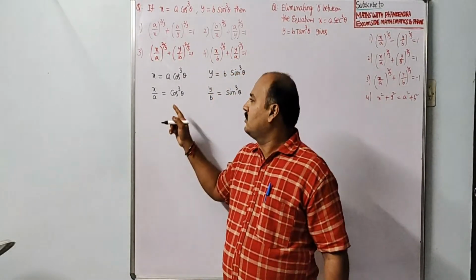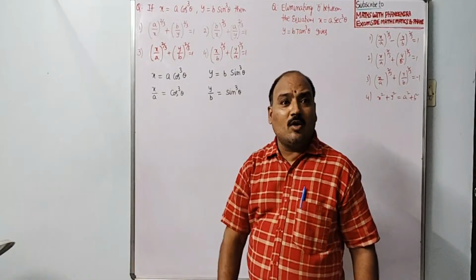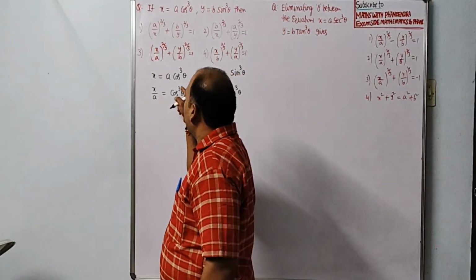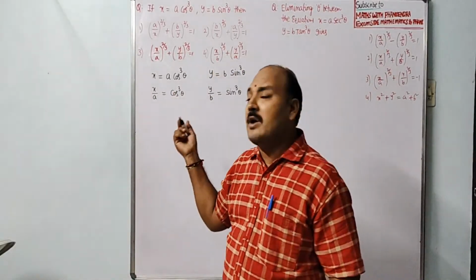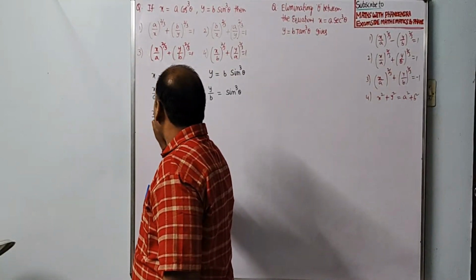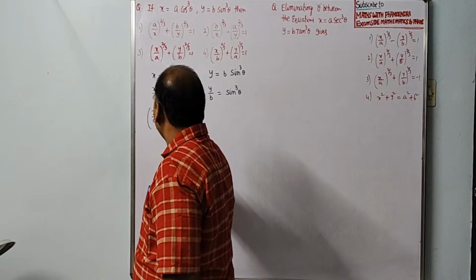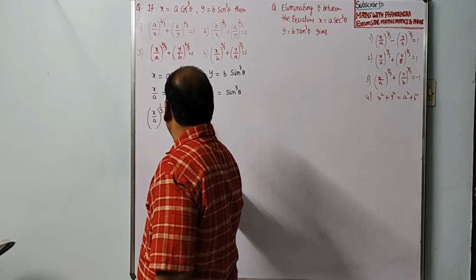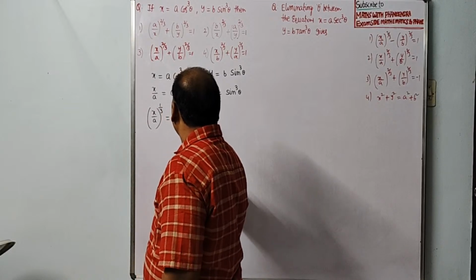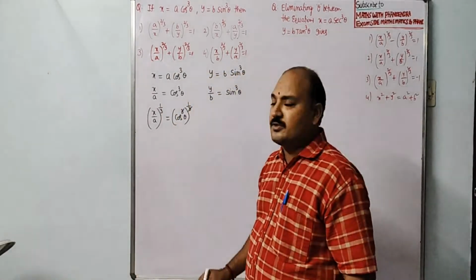But I want cos theta here. So if you want to remove power 3, raise both sides to the power 1 by 3. So x by a whole power 1 by 3 is equal to cos power 3 theta whole power 1 by 3. Here 3 gets cancelled, students.